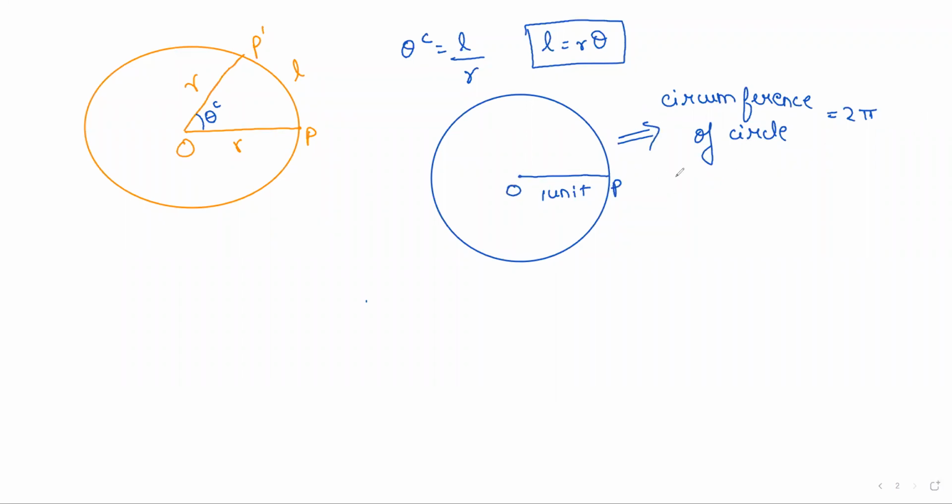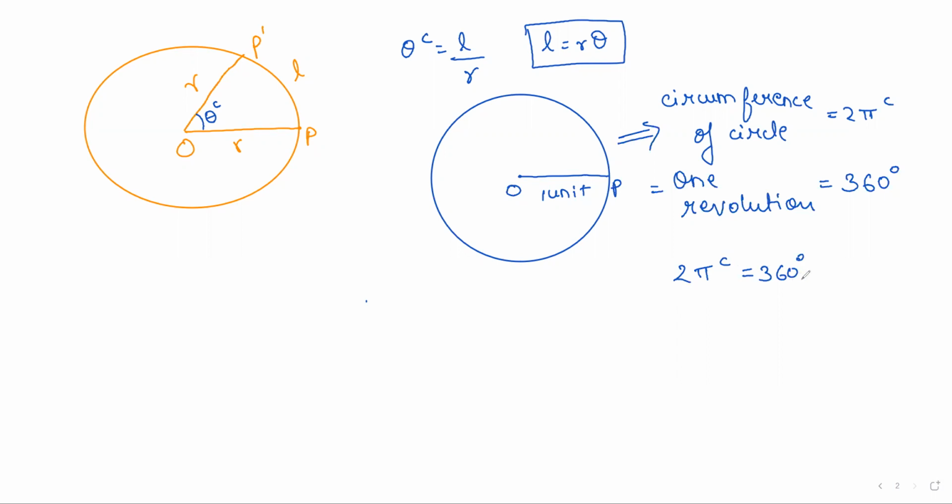We also know that this circumference means 1 revolution. And we know that 1 revolution in degrees is 360 degrees. So by default, 2 pi radian, even if you do not mention it, the angle becomes radian by default.